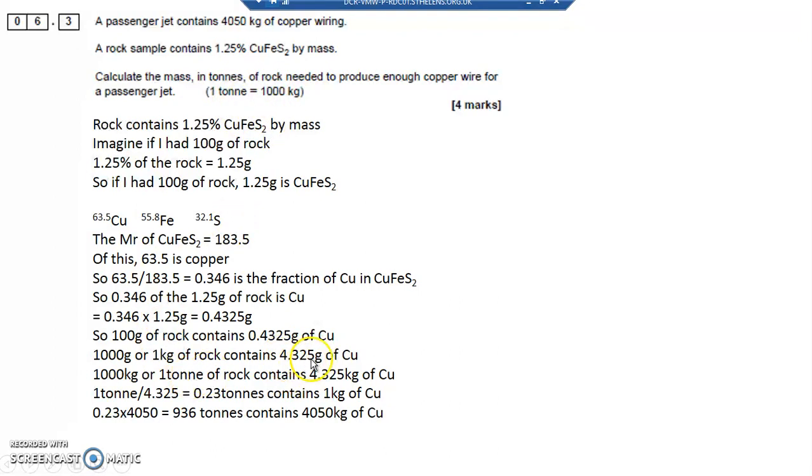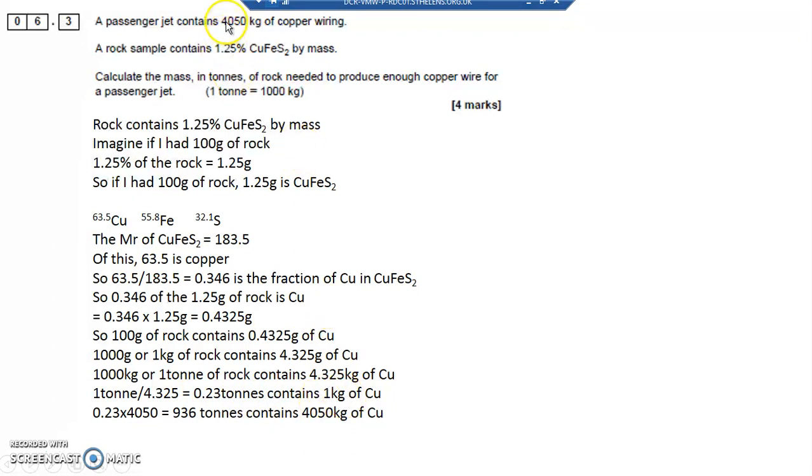Multiply this by 1,000. 4.325 grams multiplied by 1,000 is 4.325 kilograms of copper. So 1 ton of rock contains 4.325 kilograms of copper. If I divide both sides by 4.325, 1 divided by 4.325 is 0.23 tons, and 4.325 divided by itself is 1, so 0.23 tons of the rock contains 1 kilogram of copper.